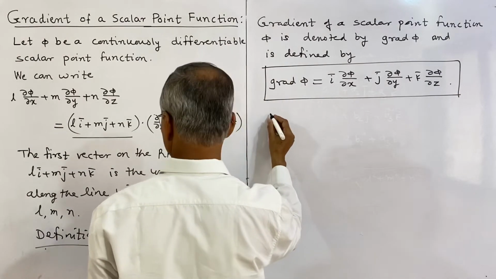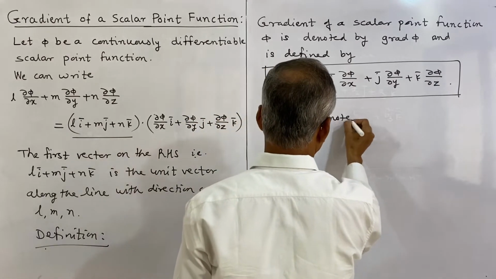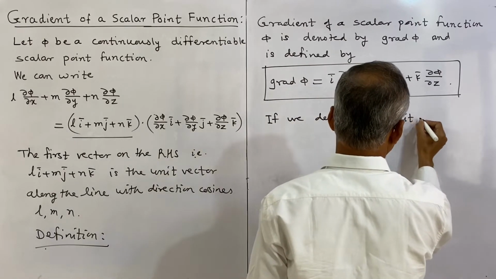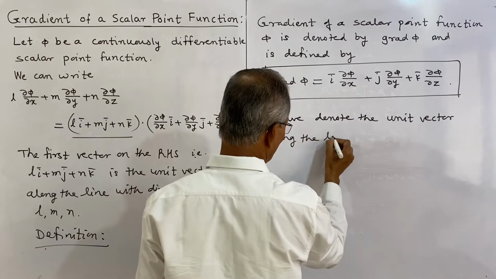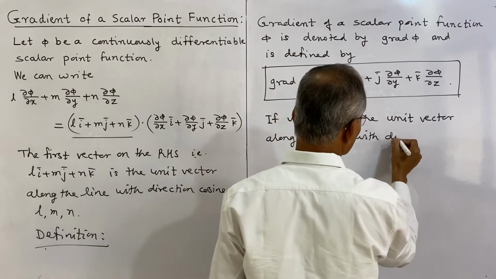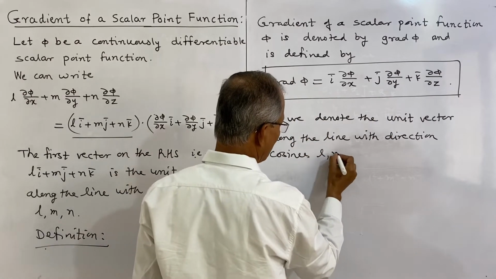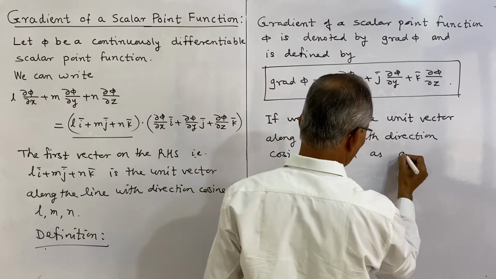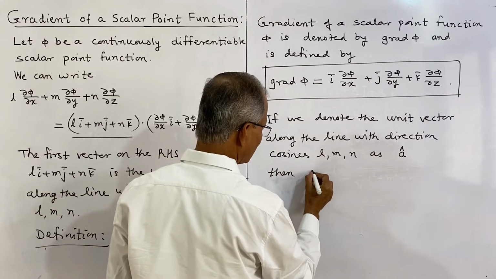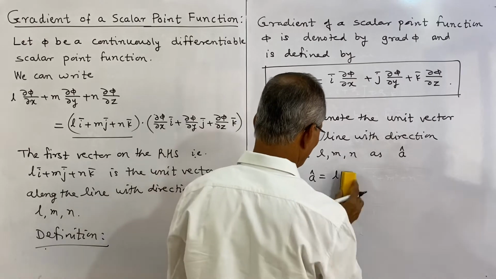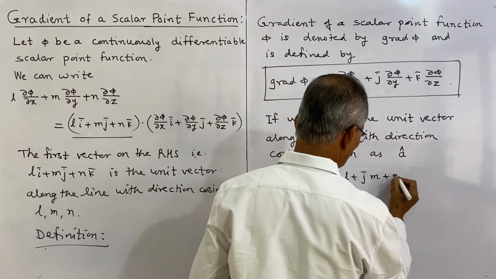Therefore, the directional derivative is, now if we denote the unit vector along the line with direction cosines l, m, n as a cap, then a cap is equal to li plus mj plus nk.